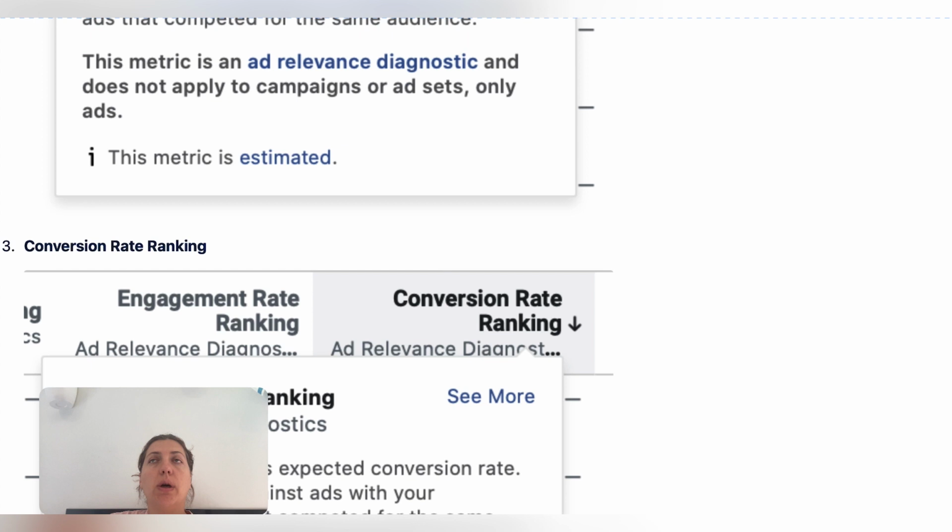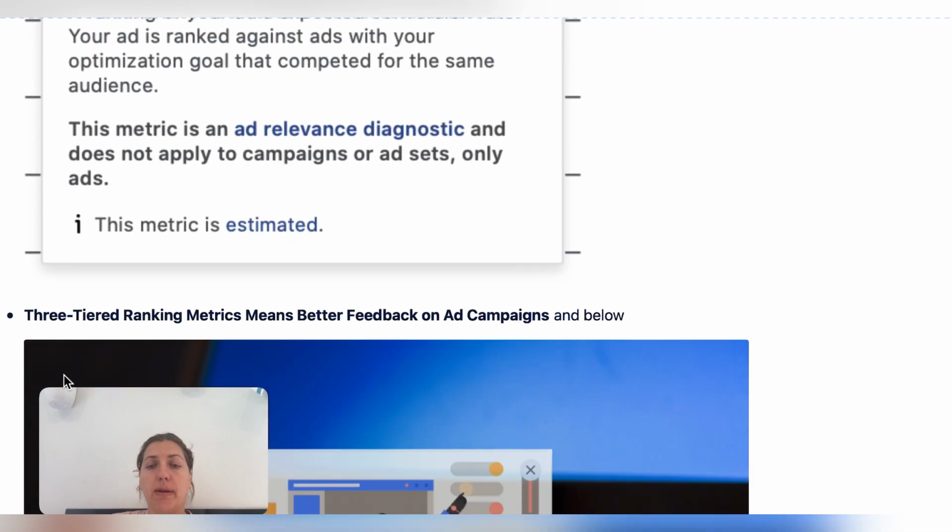It's no longer a 1 through 10 ranking. It is done in 3 major percentage comparisons against your competition. There is above average and below average, and below average has 3 tiers: bottom 35, bottom 20, and bottom 10.